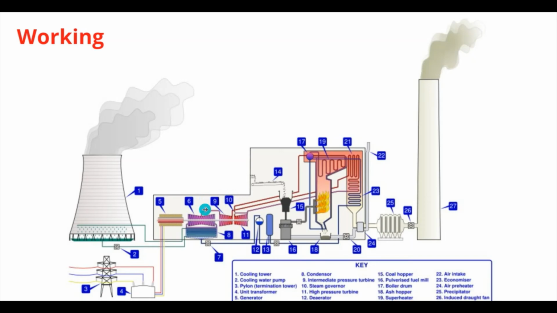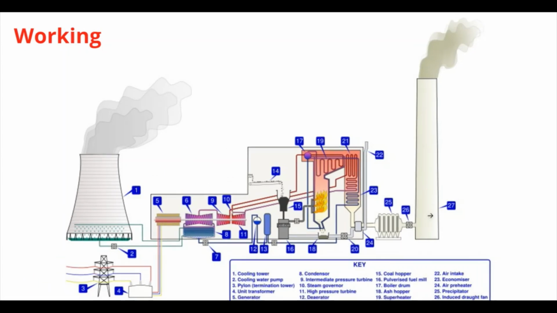We can see there are three types of turbines: high pressure turbine, intermediate pressure turbine, and low pressure turbine. This steam makes the blades of the turbines turn, and the blades are connected to the shaft. So the shaft also rotates, and electricity is produced in the generator. This electricity can be stored in the powerhouse, and it is ready to supply. And we can see the steam here is once again converted into water at the condenser, and the condenser again gives the water as inlet to the boiler. In this way electricity is produced.